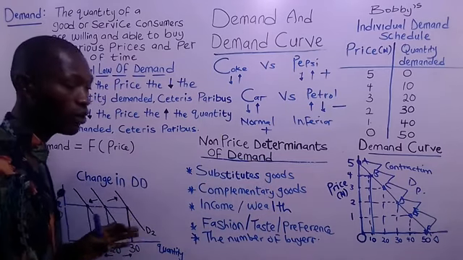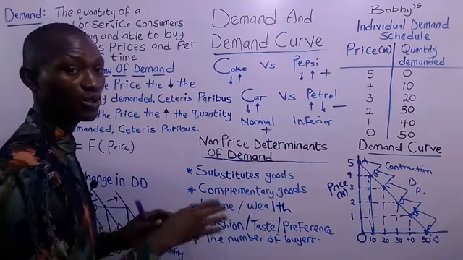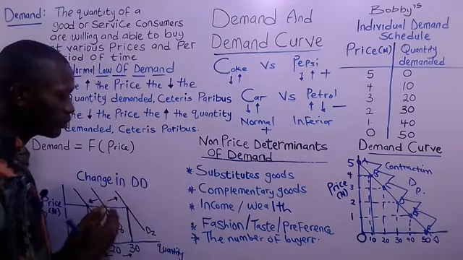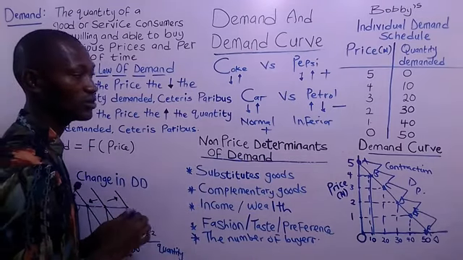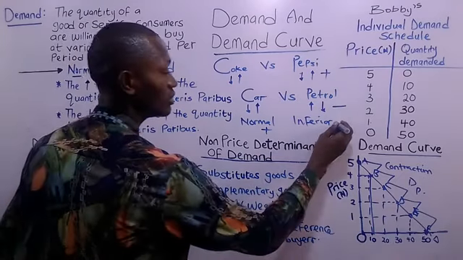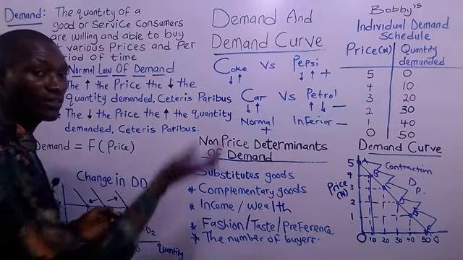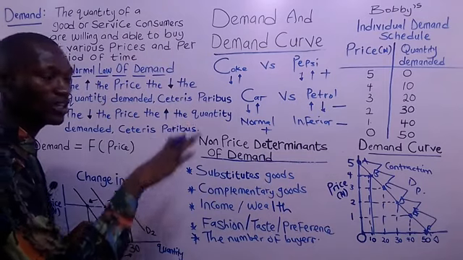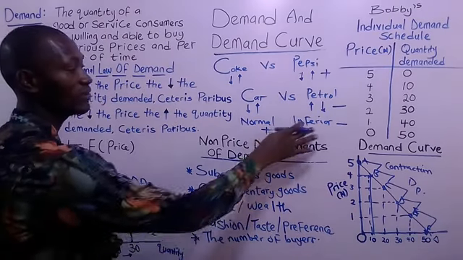And when income falls, the demand for inferior goods will rise, and that will shift the demand for inferior goods to the right. So the relationship between income and inferior goods is said to be negative, because a rise in the level of income will lead to a fall in the demand for inferior goods.